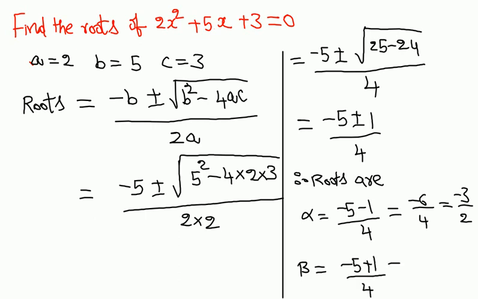So that is equal to minus 4 by 4, that is equal to minus 1. So the roots are minus 3 by 2 comma minus 1. So these are the roots of that equation.